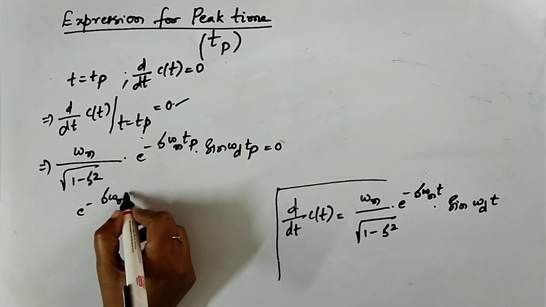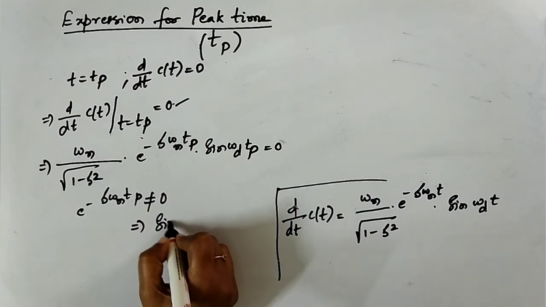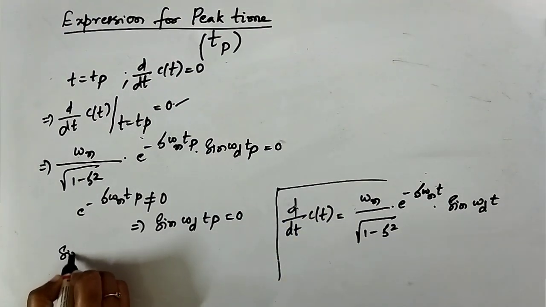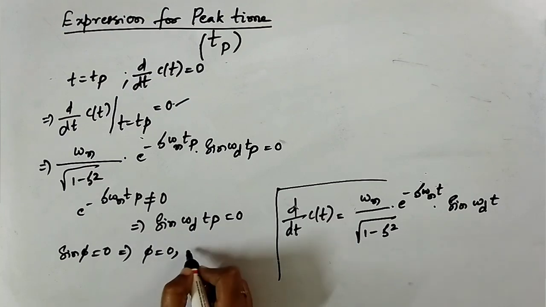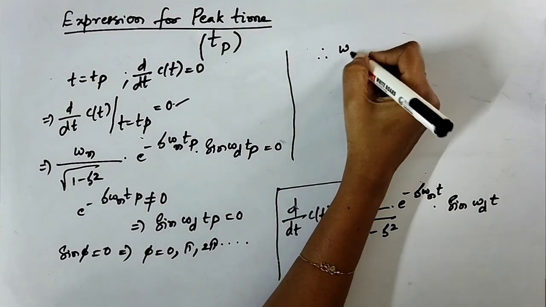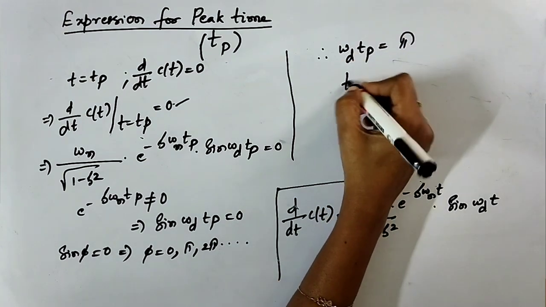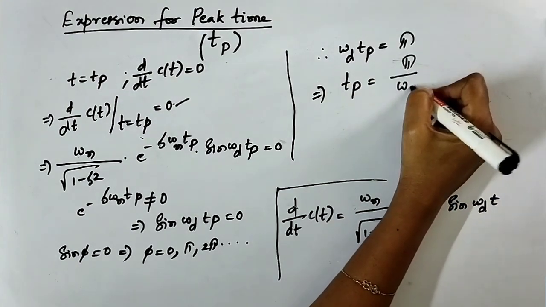So e power minus zeta omega n Tp is not equal to 0, which implies sine of omega d Tp equal to 0. Sine phi equal to 0 implies phi equal to 0, pi, 2 pi, and so on. Therefore, omega d into Tp equal to pi, so peak time Tp equal to pi by omega d.